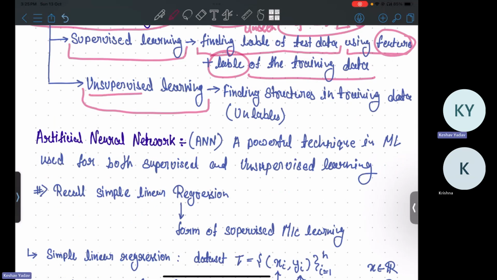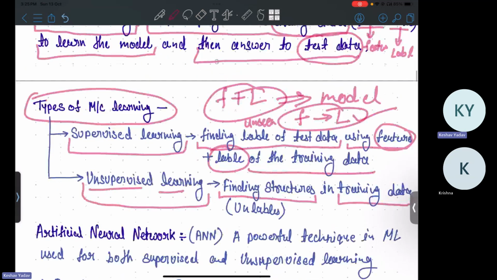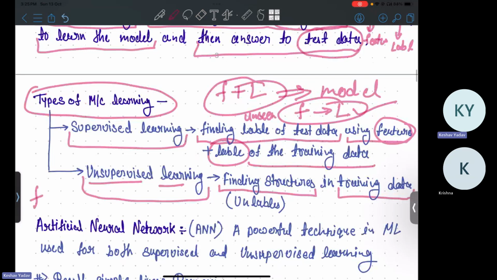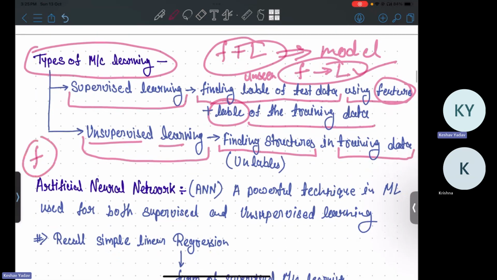What is unsupervised learning? In unsupervised learning, we find the structure in the training data. So in unsupervised learning, we only have the features, not the label. These features are used to find the structure in the data.